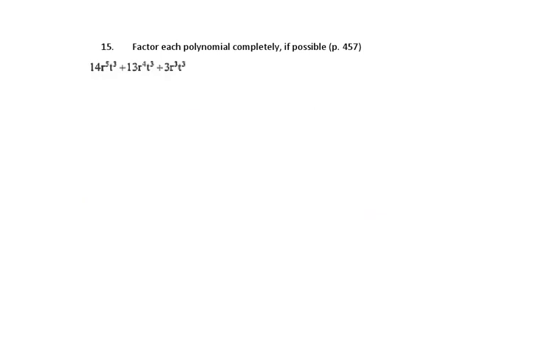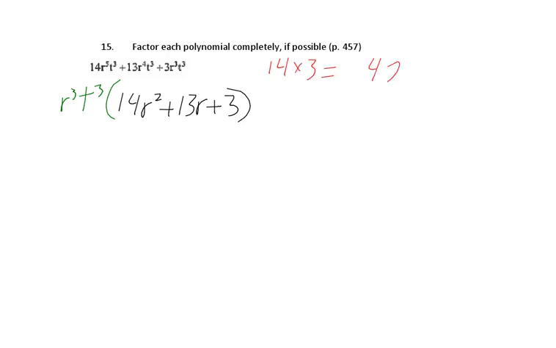Okay, 15. Before you start 15, notice that you can factor out R3 and T3. And if you do, what's left is 14R2 plus 13R plus 3. Now we can multiply first and last. 14 times 3 is 42.